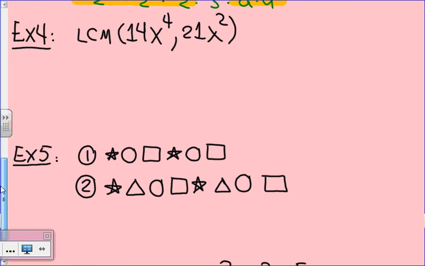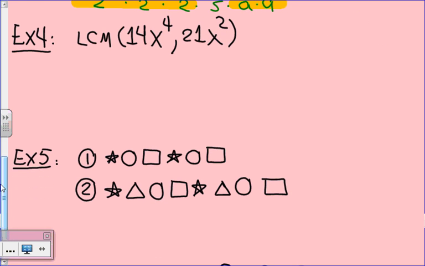Okay, 10-second head start on the LCM of 14x to the 4th and 21x squared.